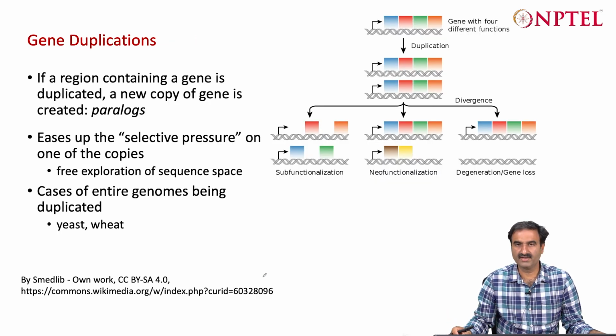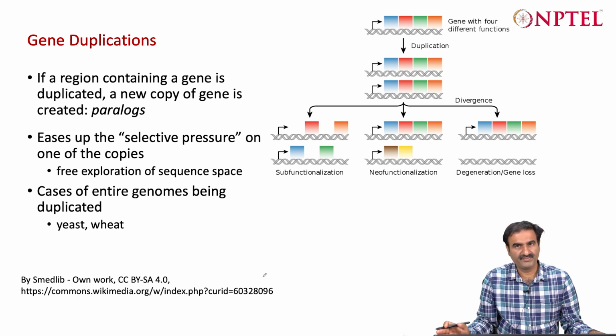So now when we talk about genes, we should also understand that genes are not always present in single copies, and there could be multiple copies of the same genes which are called gene families, which arise because of duplications.